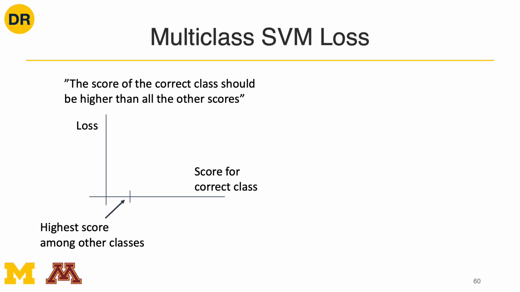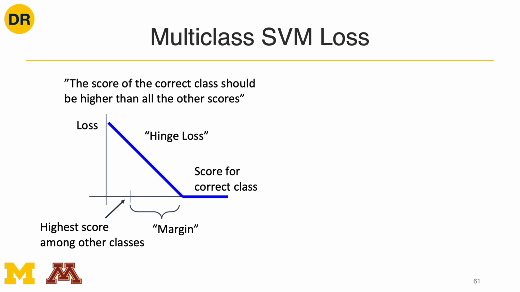Visually, one way that we can interpret that is in this plot that's shown here. Sometimes these types of losses, when you see these plots, are referred to as a hinge loss just because the shape looks like a door on a hinge. The way to interpret this is that on the x-axis, what we're showing is the score for the particular correct class of this, let's say, input example.